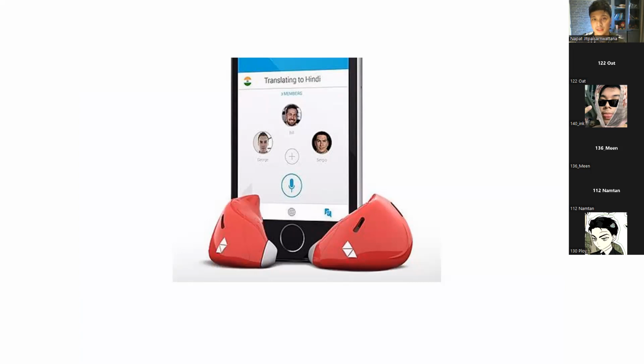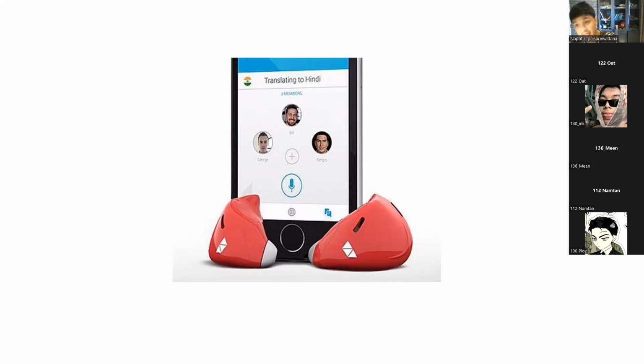So when you connect this earphone to an app, and you put the earphone into your ear, of course, and you are talking with people who speak a different language, let's say if you go to travel in Spain, and you talk to a Spanish person who cannot speak English, what this earphone does is that the Spanish person can speak to you in Spanish, and then the earphone or the software will translate it into the language that you choose.